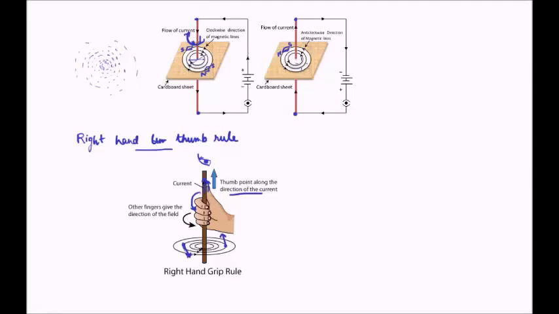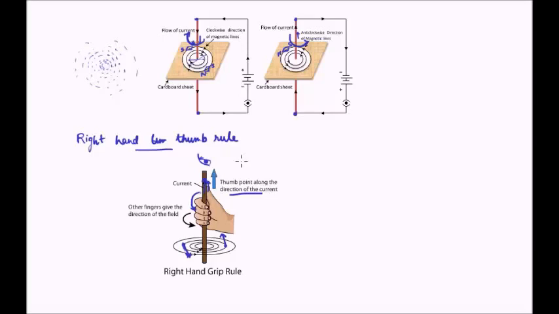Whereas in this case, since the current is going from bottom to top, your thumb pointing upwards and curling the fingers will produce the magnetic field in an anti-clockwise direction as seen from top. That is what was shown here. So this right hand thumb rule is a very simple way to find the direction of the magnetic field due to a current carrying wire.